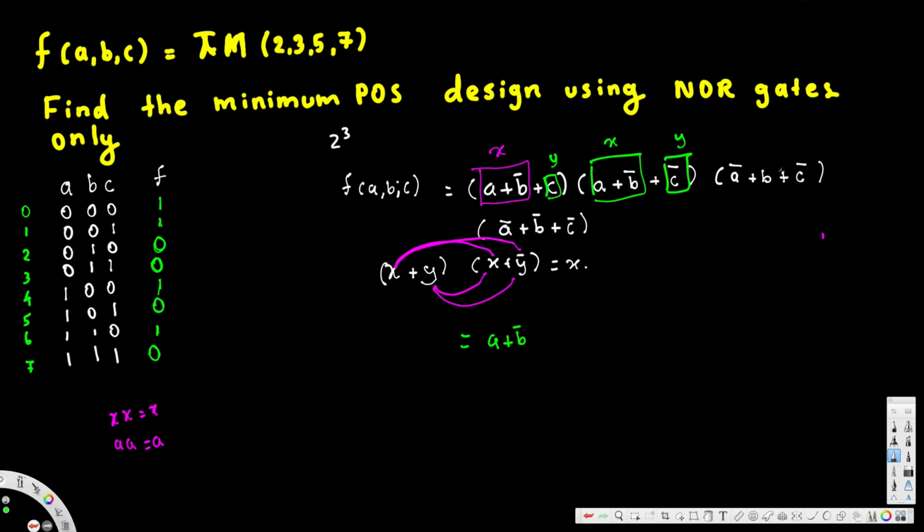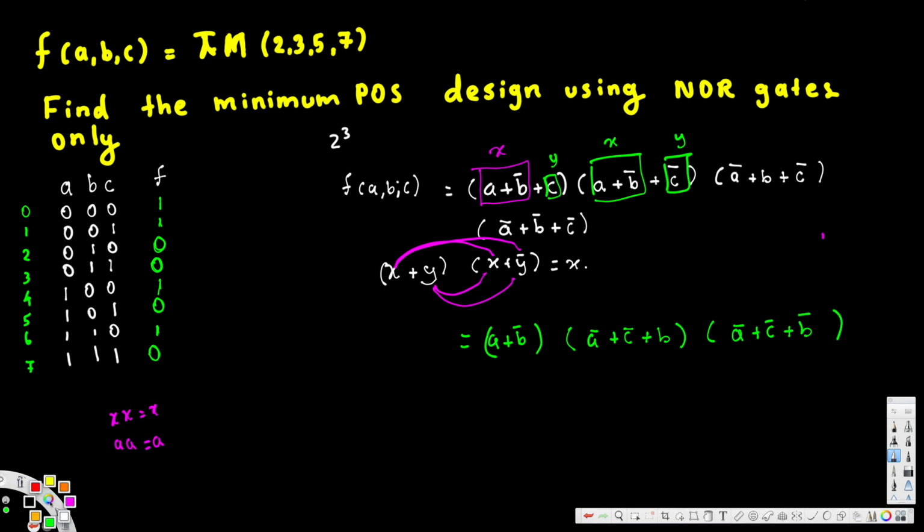Okay, and for the next one, we have to rearrange this one a little bit in order to get this pattern. Let's put this one in a bracket, and here what I'm going to do is, if I put the c bar here, you will see the pattern a bar plus c bar plus b, multiplied by a bar plus c bar plus b bar.